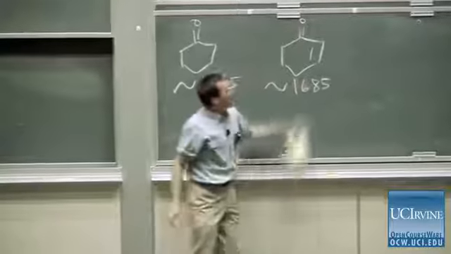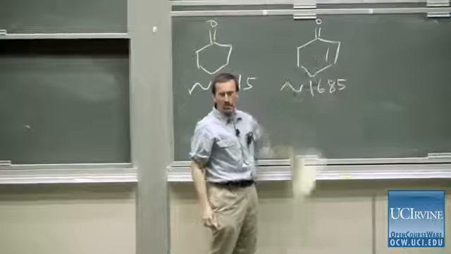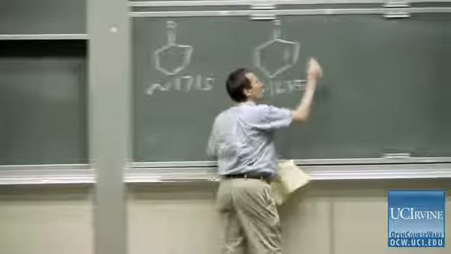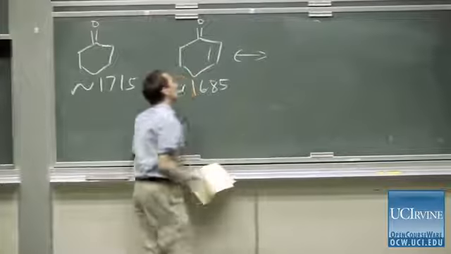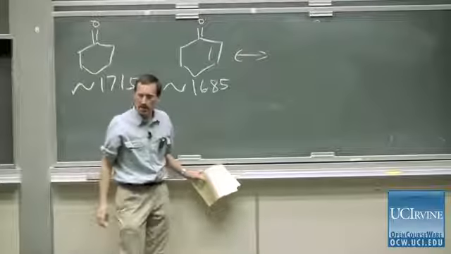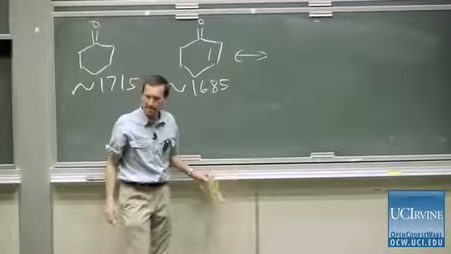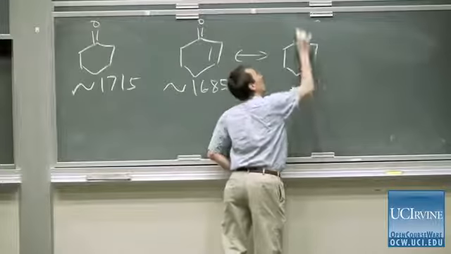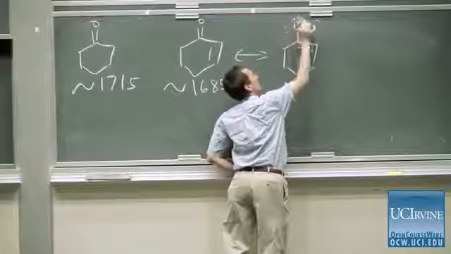We've already seen this in overviewing some of the chemistry of alpha, beta unsaturated carbonyl compounds when we were talking about cuprate chemistry, and we explained that there are many different resonance structures. One of the resonance structures has single bond character.